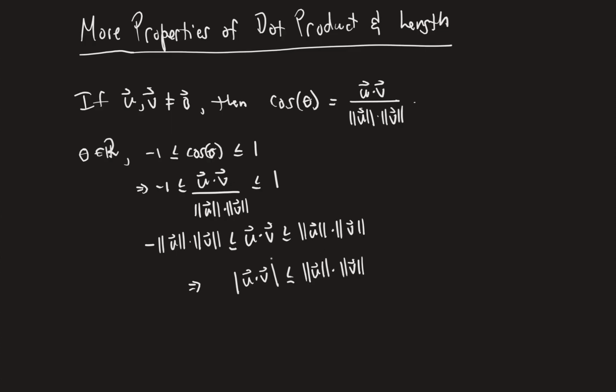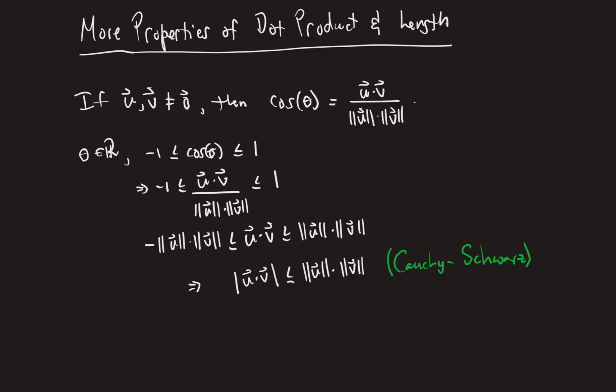It seems like a simple thing, but this is such a profound inequality, and it's used a lot in the area of analysis, for example in advanced math. It has a nice name, named after two mathematicians. It's usually referred to as the Cauchy-Schwarz inequality, with an uppercase S.